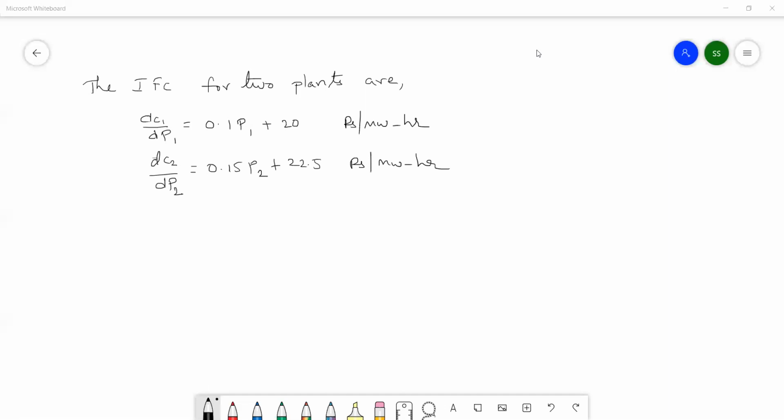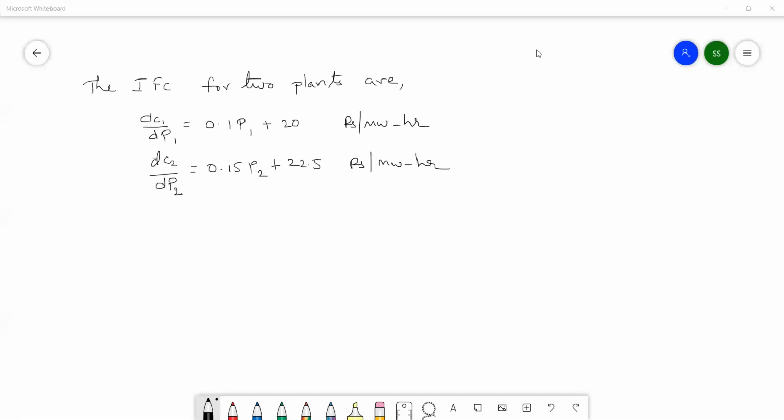So note down the given data. Then take the penalty factor for plant 1 as L1 and for plant 2 as L2.